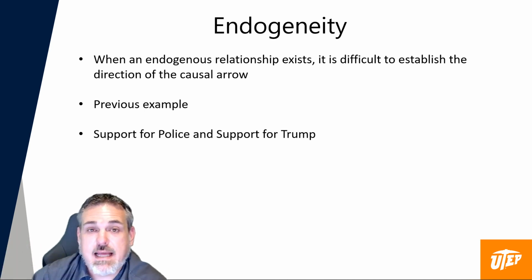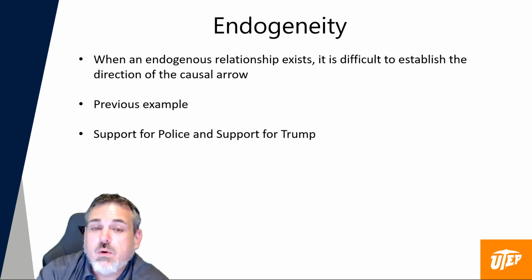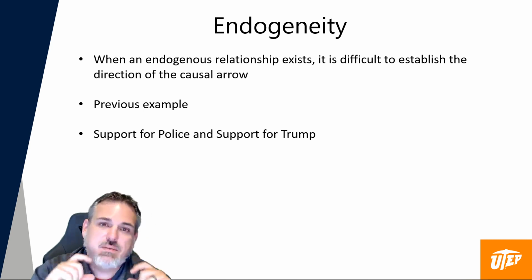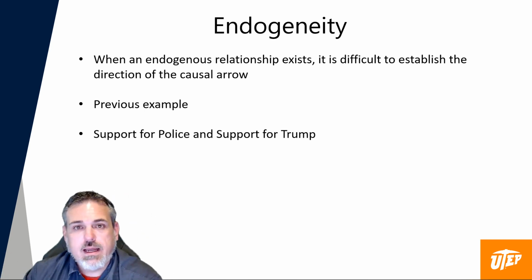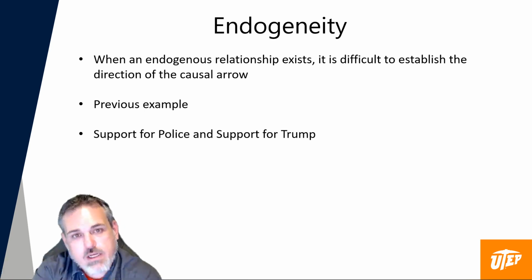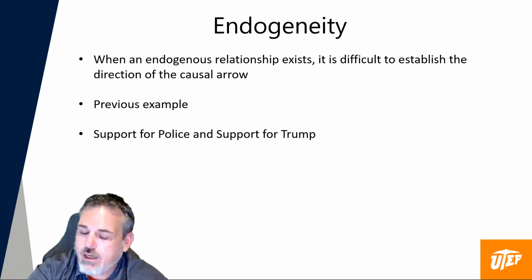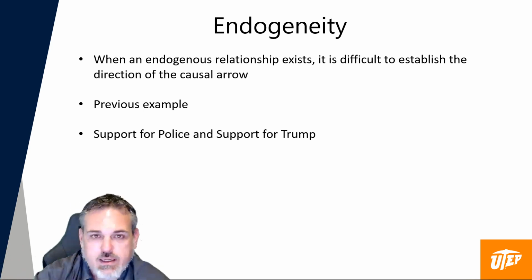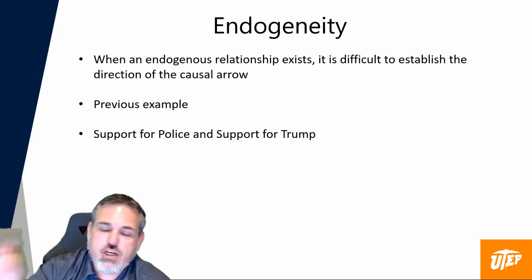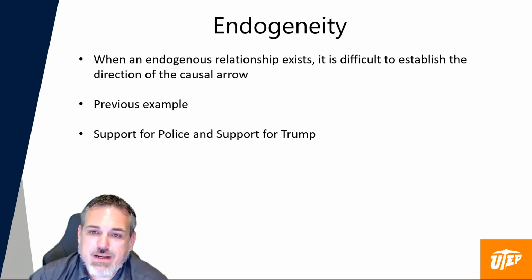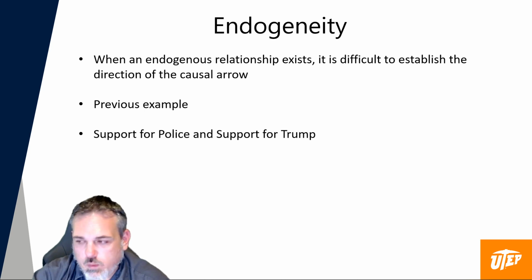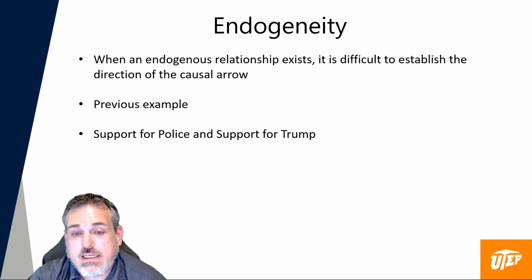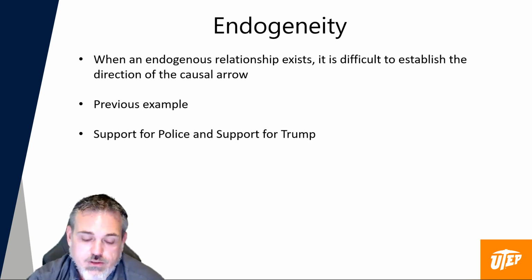Well, one way would be to do what we call panel surveys, which is to take the same group of people and ask them the same questions over time, and we could identify which individuals switched, which way the causal arrow points, and at what time some stimulus kicked off the change in that support. But endogeneity is a sticky issue. And it's one that we'll actually come back to in this class, but I just wanted to use this time to point out that this issue actually exists, and it's an issue to think through when you're designing your own research.